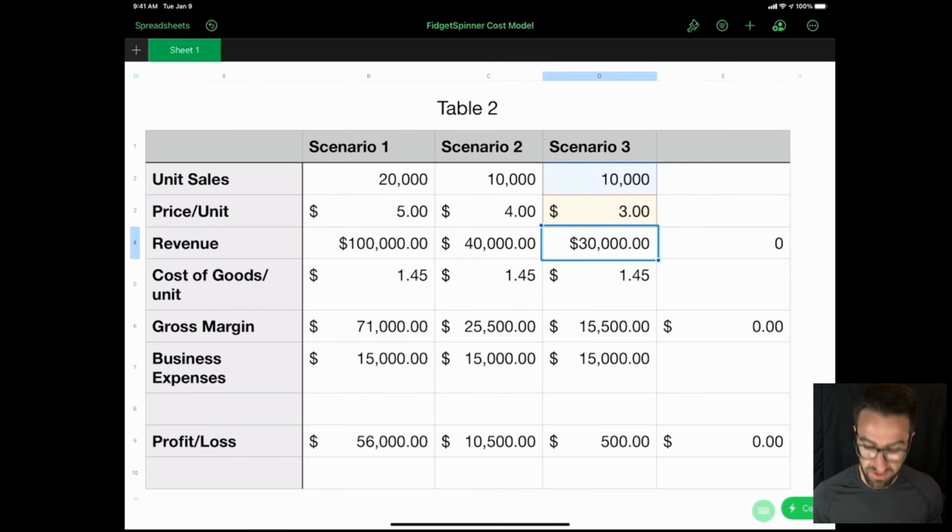And so now you're only bringing in $30,000, same product cost, and that means that you're looking at, after all of your expenses, paying for the product, that $30,000 that you made has now been reduced to $15,500 after expenses.